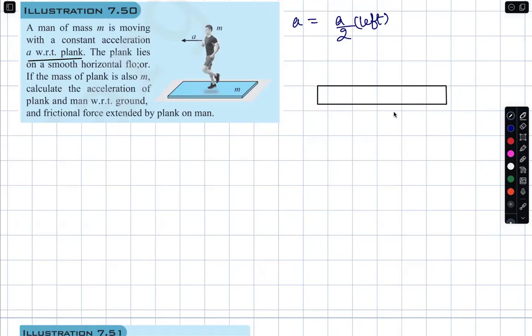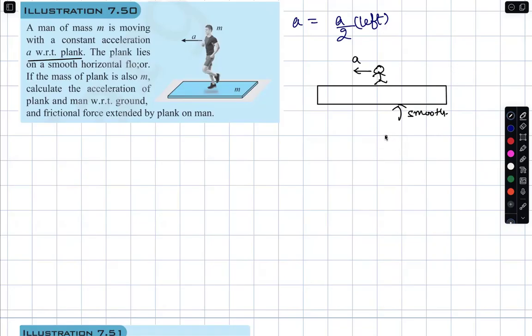This is the plank. Here it is smooth. And relative to the plank, the man is moving with an acceleration. What is the frictional force exerted by the plank? Fortunately, both are of the same mass.